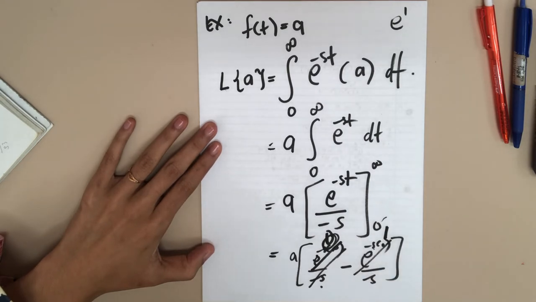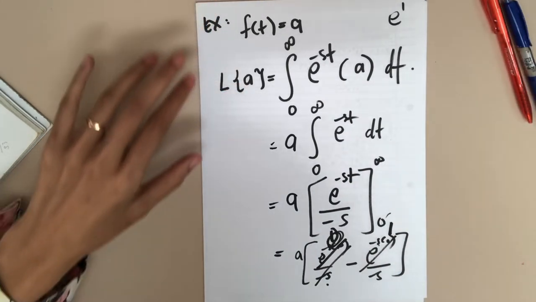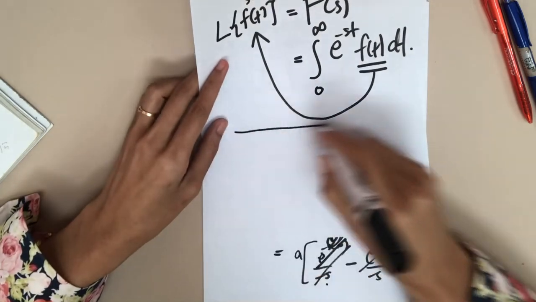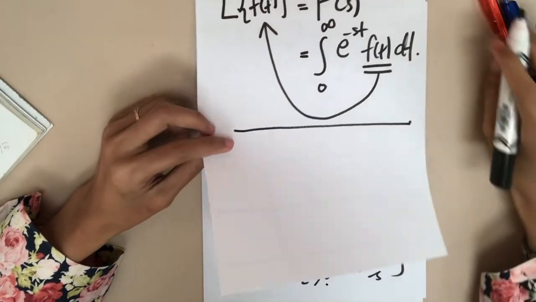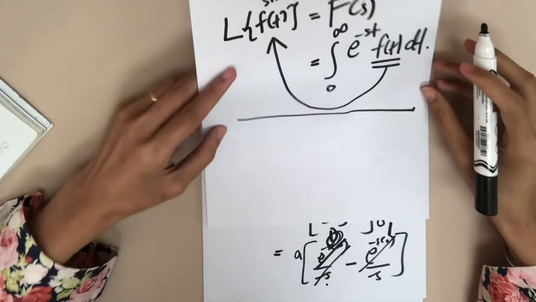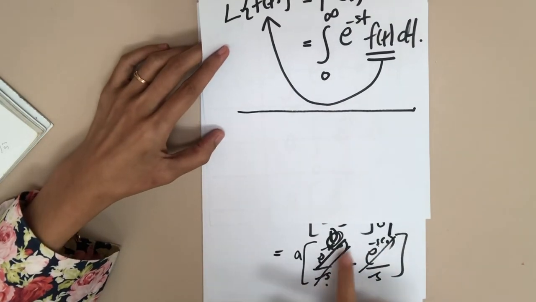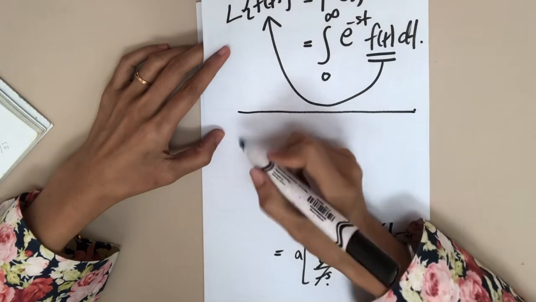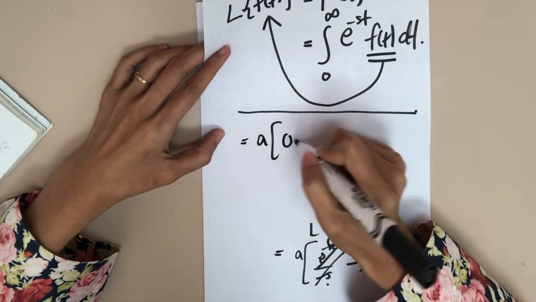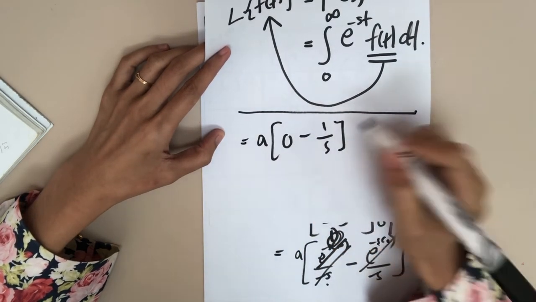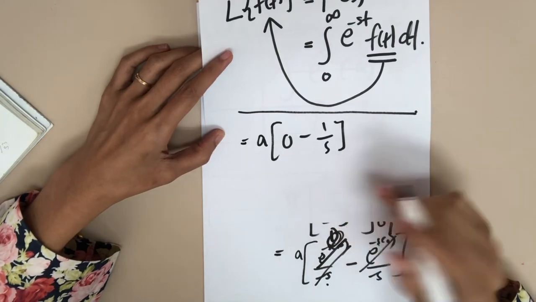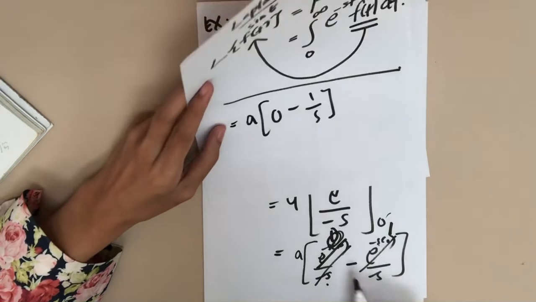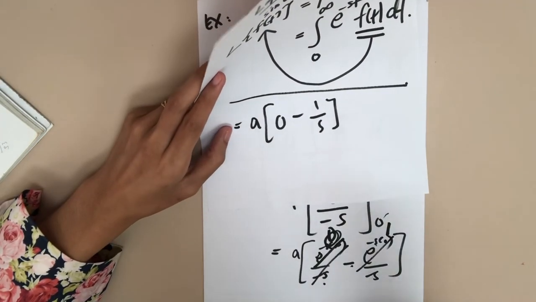Okay, I continue it here, I just want to fully utilize the space here. So a here is 0 and here is negative. Okay, 0 minus 1 over s. This is how we write it. Okay, minus, and s also negative.